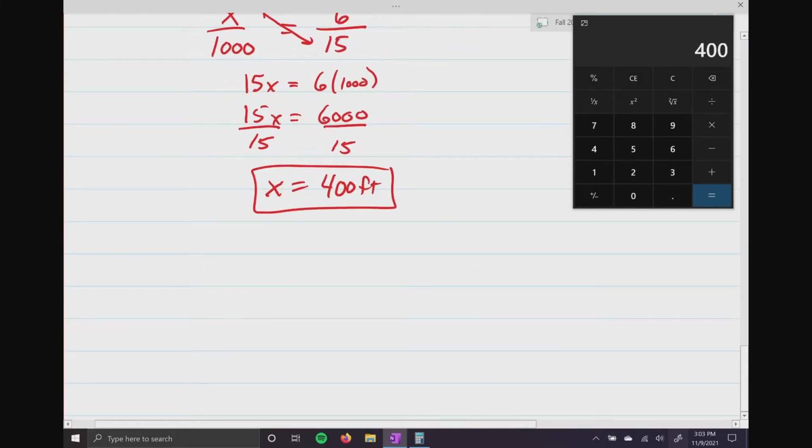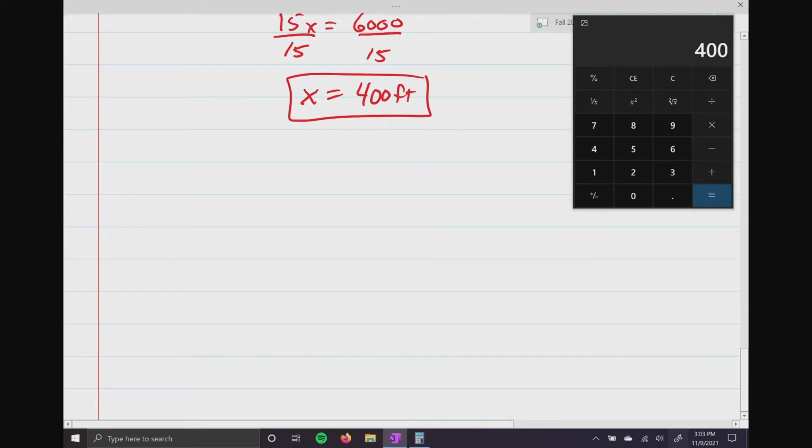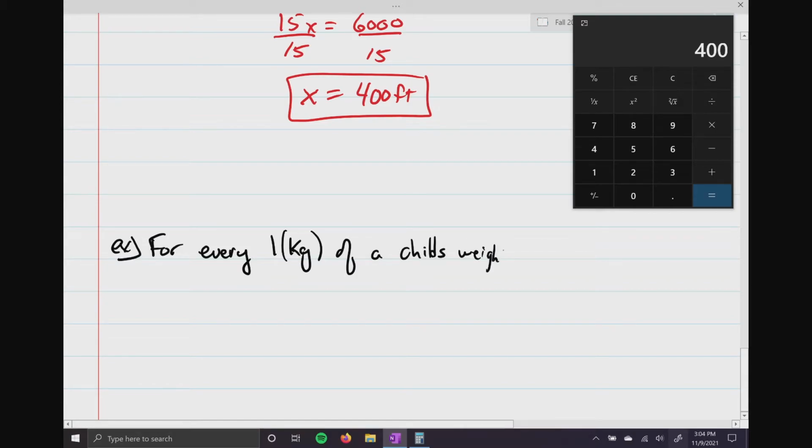All right. So here's another very famous problem. So we'll do this one. For every 1 kilogram of a child's weight, pediatricians prescribe 15 milligrams of fever reducer, so something like ibuprofen or something like that.